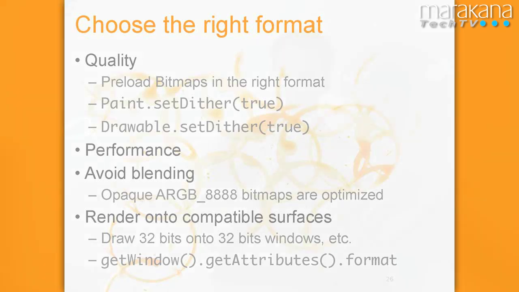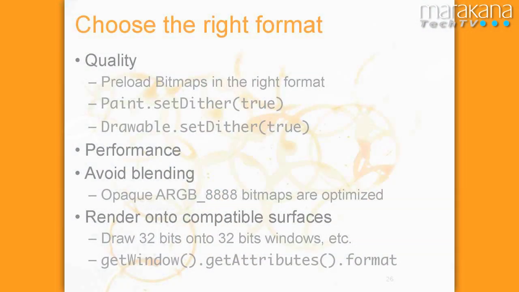So if you draw a 32-bit bitmap onto a 16-bit surface, which is the default behavior before Gingerbread, you want to enable dithering. Dithering is a weird algorithm that basically introduces artifacts in your image to make it look better, and we'll see an example of that. So if you use incompatible images, you will get performance hits.